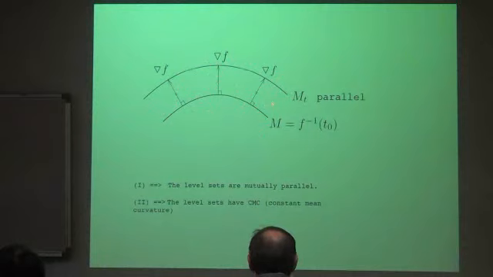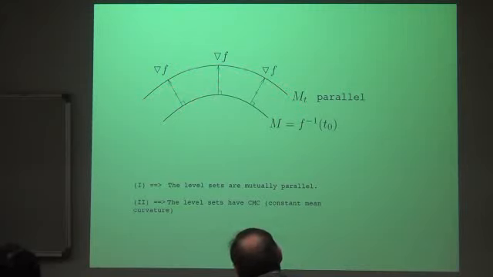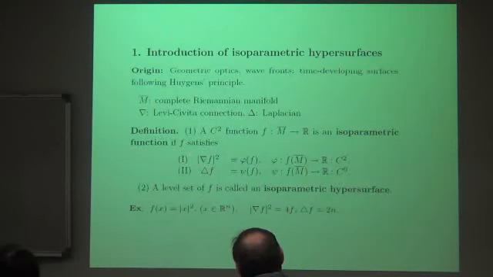When I say the two level sets are parallel, it means they are located at the same distance in the normal direction. If we restrict to the level set, then this gradient vector has the same norm, so the next level set is at constant distance from the original one. So all the level sets are mutually parallel.